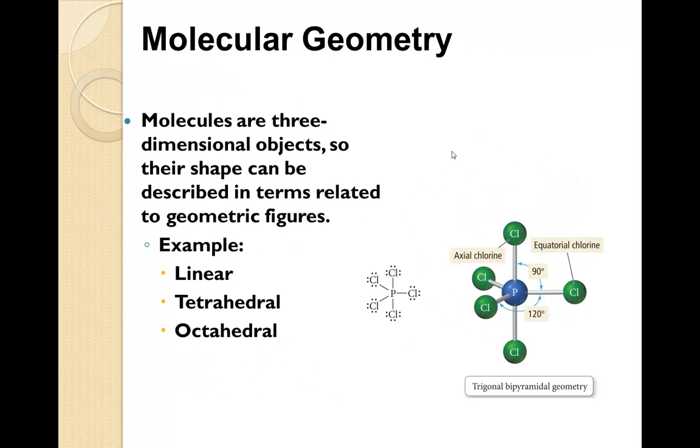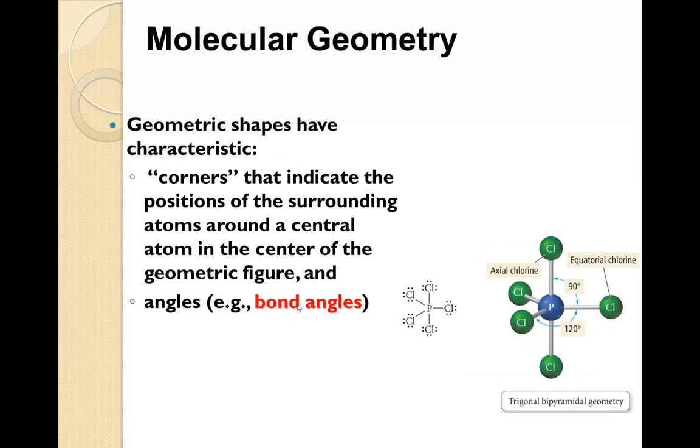Molecules are three-dimensional objects, so their shape can be described in terms related to geometric figures. For example, we have linear, tetrahedral, and octahedral geometric shapes. Geometric shapes in general have characteristics, as do the geometric shapes of compounds.